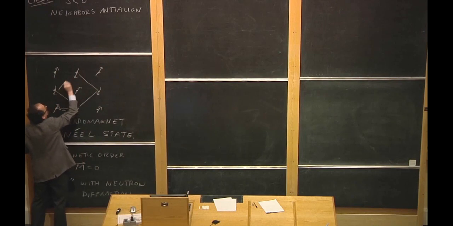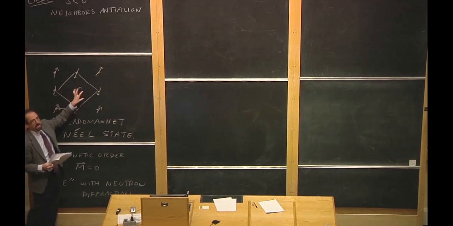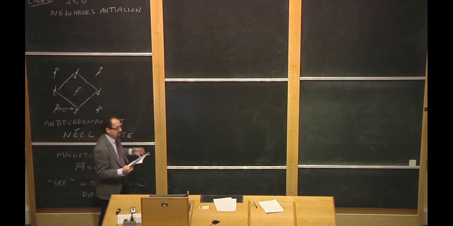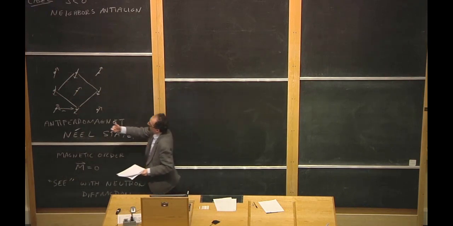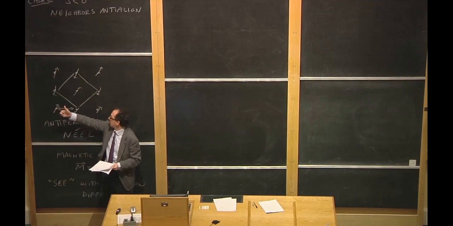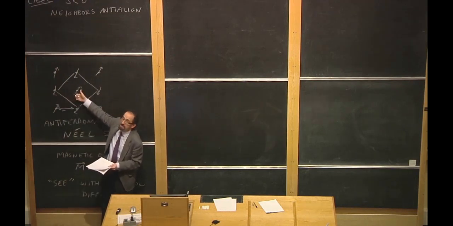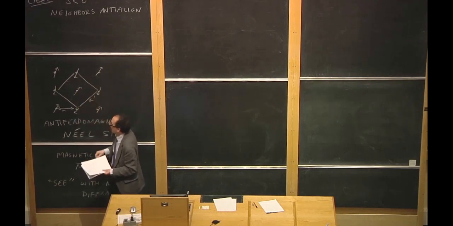This is the unit cell now, because if a neutron is coming in with spin up, it sees an up spin as being a different atom from a down spin. The reason is that neutrons themselves have spin, and a neutron coming in spin up will interact differently with this atom than with this atom, because their spins are anti-aligned. So it sees a unit cell which is this big, a prime.